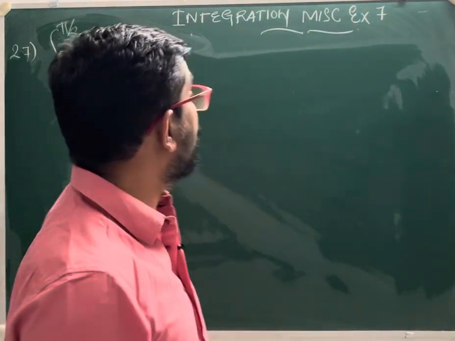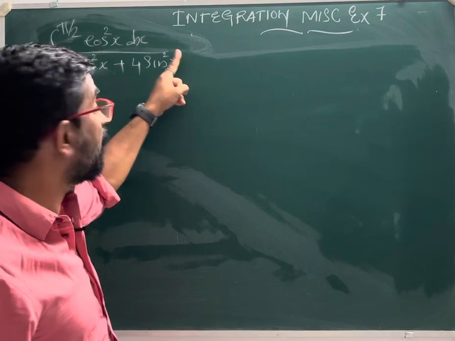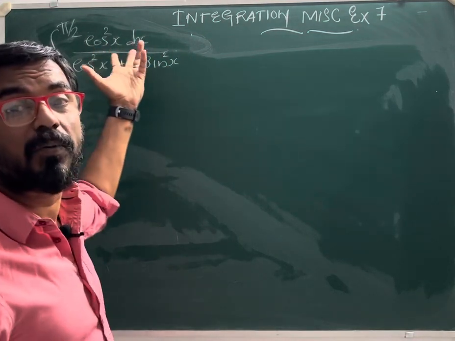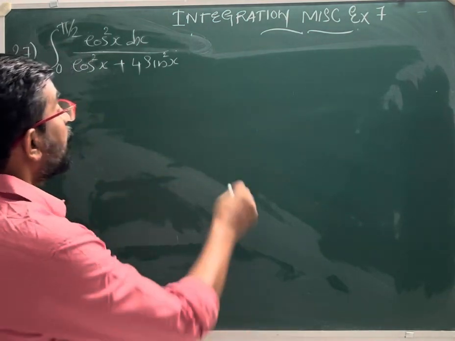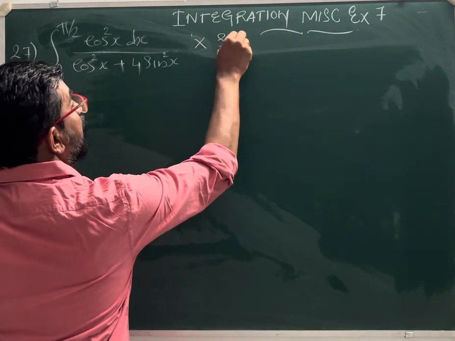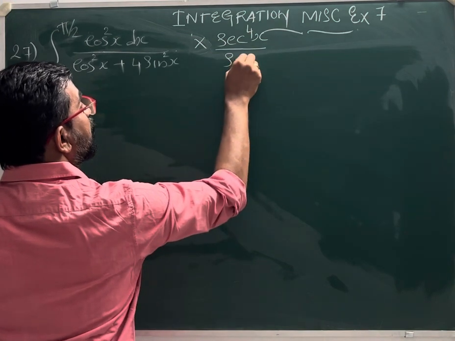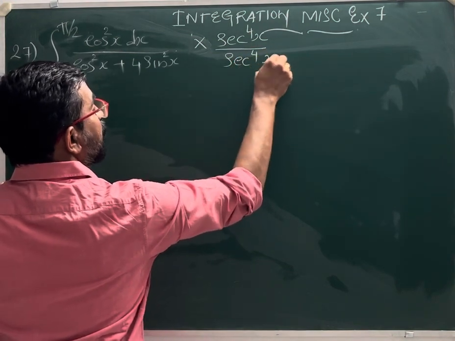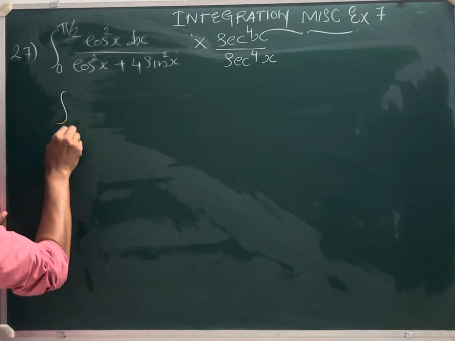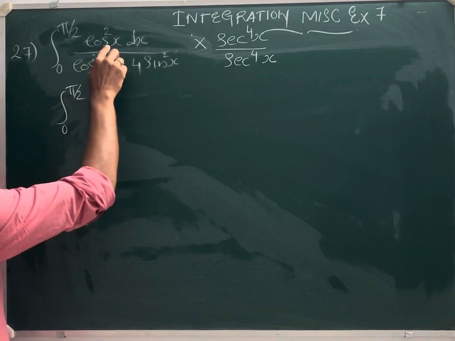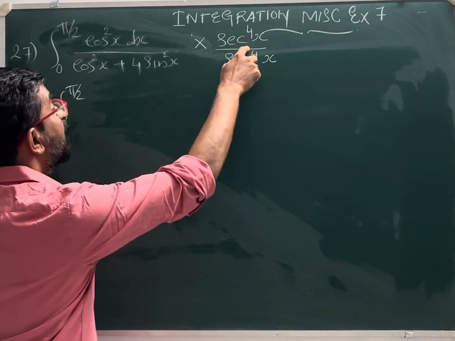I'm going to multiply. If I multiply sec square x in numerator and denominator, this cos square and sec square will cancel, it will become 1. That I don't want. I want a sec square. So I multiply a sec power 4x in numerator and denominator. Now this will become integral 0 to pi by 2. Cos square into sec power 4, one cos square and one sec square will get cancelled.